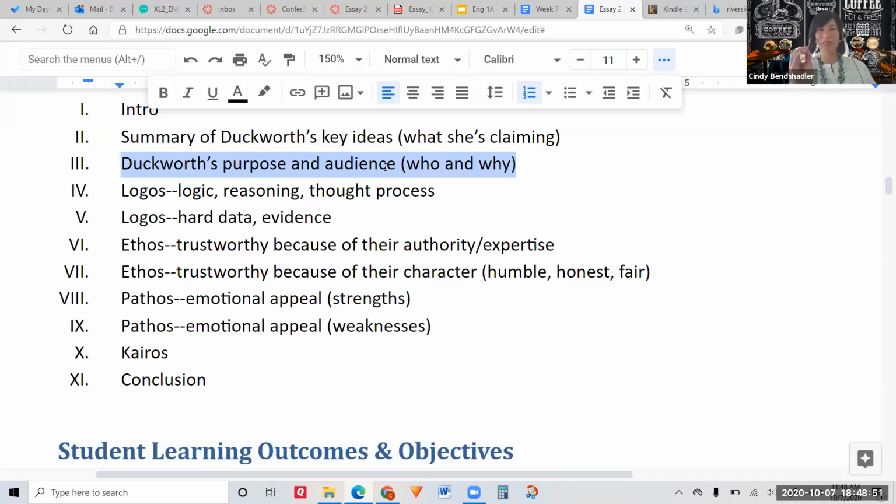But I think that purpose and audience work really well together, because if she's trying to give advice to young people just launching into the world, right, those 2 things really fit well together. So when you break it apart this way, what you have to do is really find evidence that you would put in each of these paragraphs.